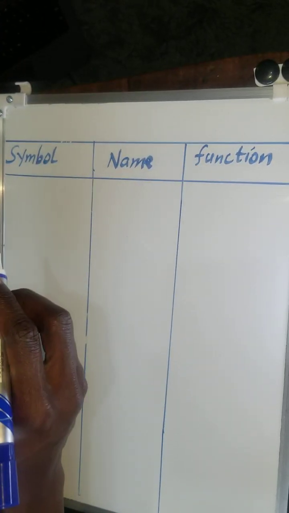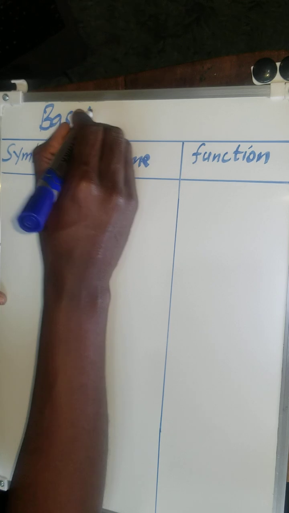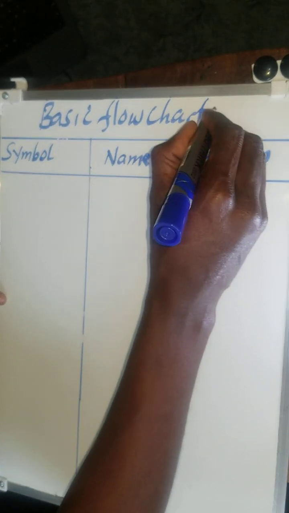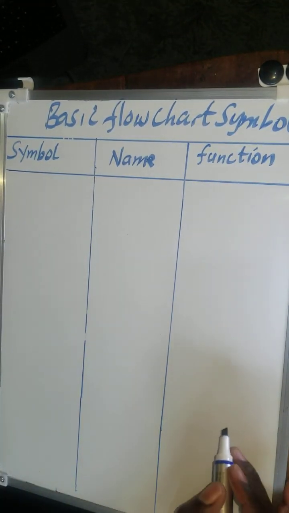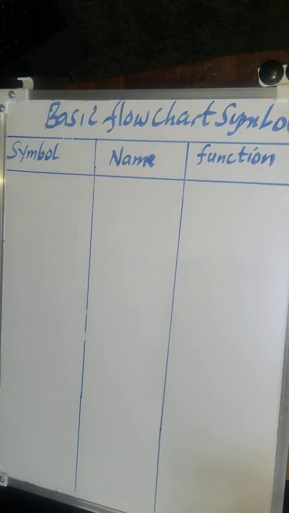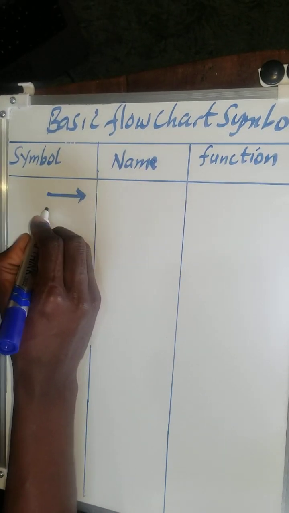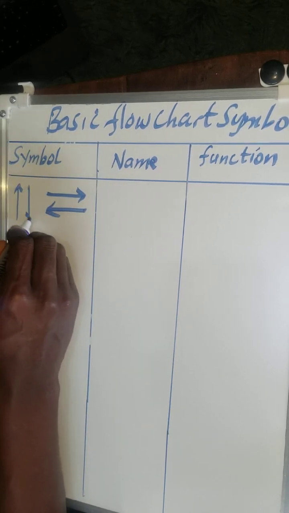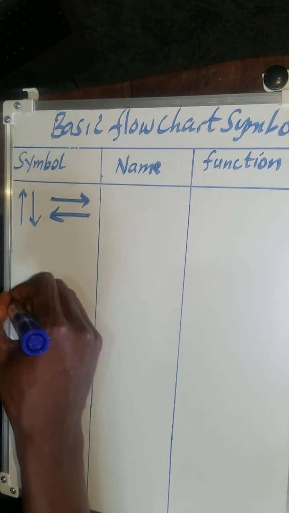So we can look at the basic flow chart symbols that you need to remember. Now, what are some of these basic flow chart symbols? Well, you are going to be using arrows. Arrows can be pointing to your right, to your left, up or down.